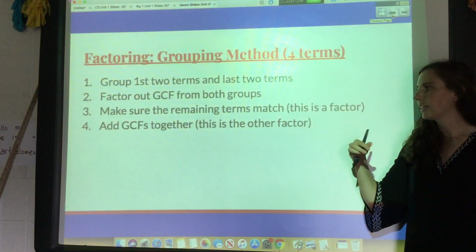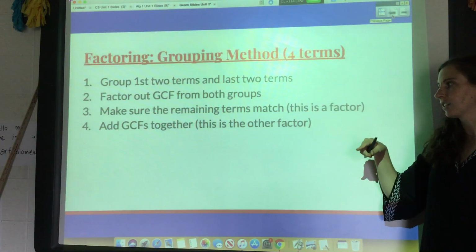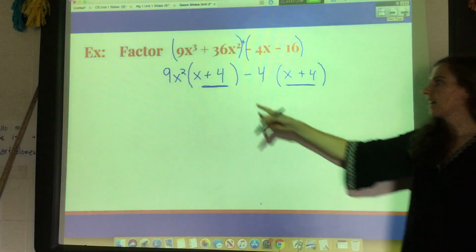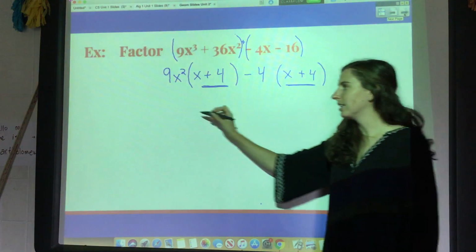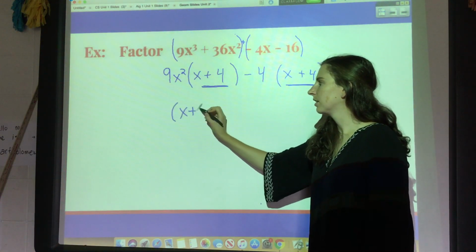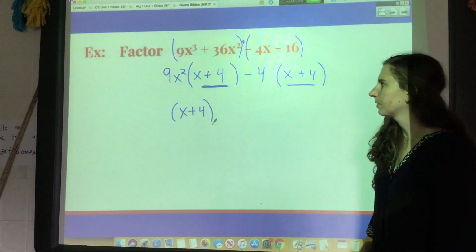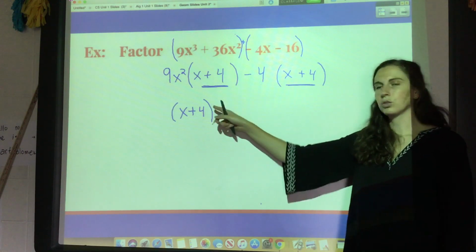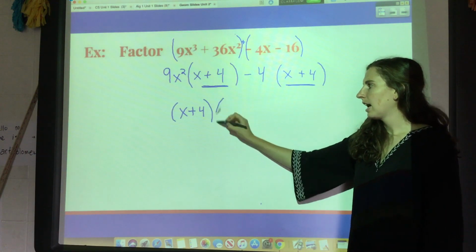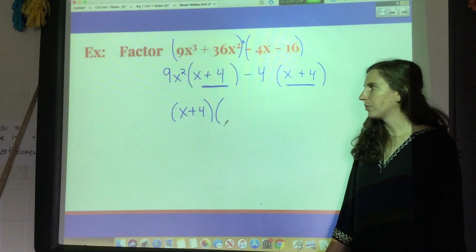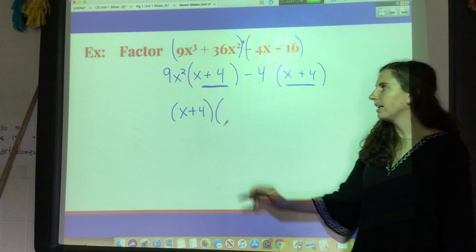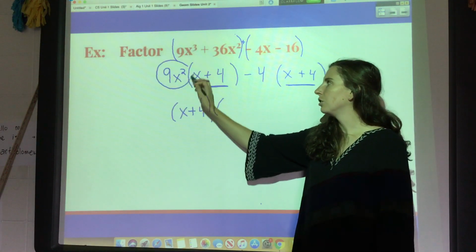And whatever you get there, that is one of your factors. So this x plus 4, that is one of the factors. I know it's written twice, but it's just one factor. And then the other factor, and this is step 4, comes from combining what you have left, the 2 GCFs.